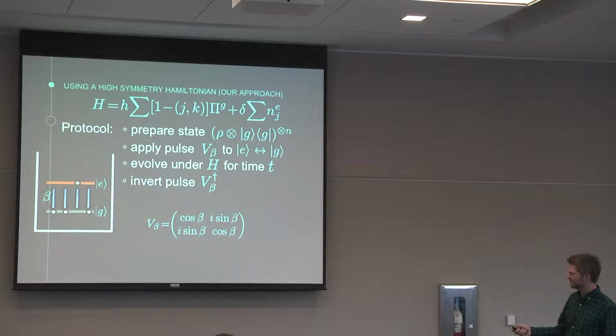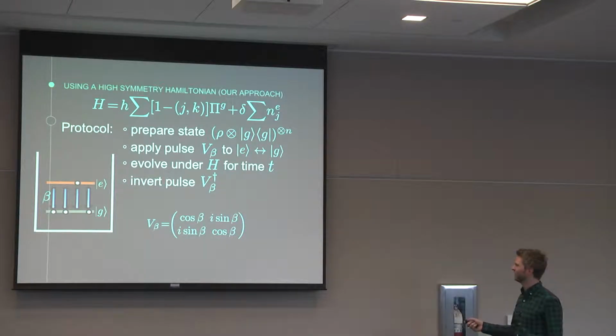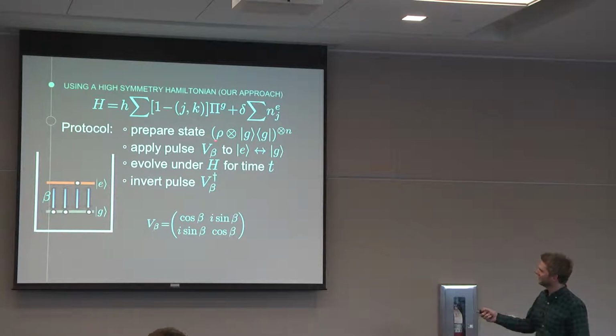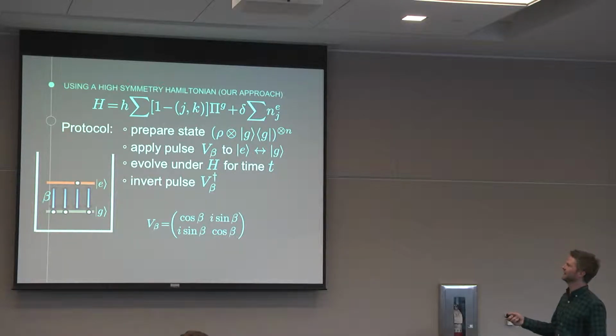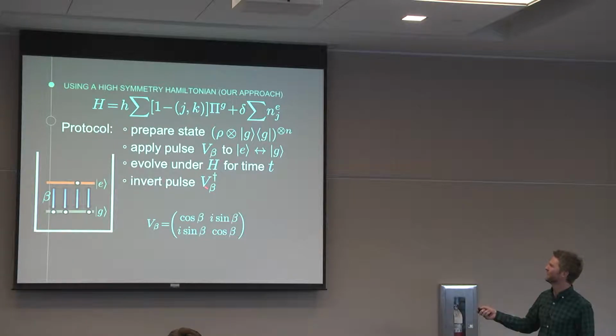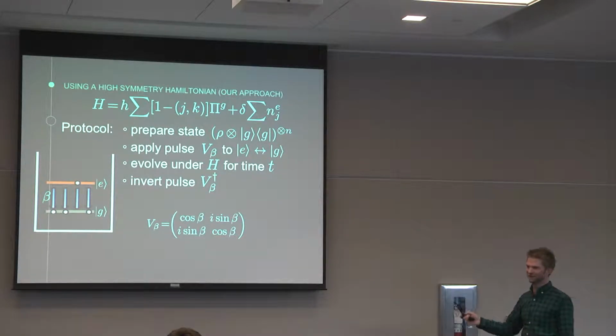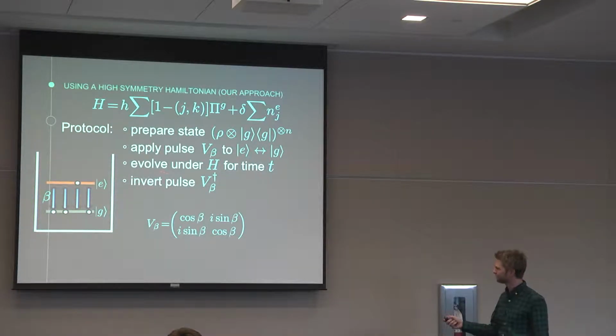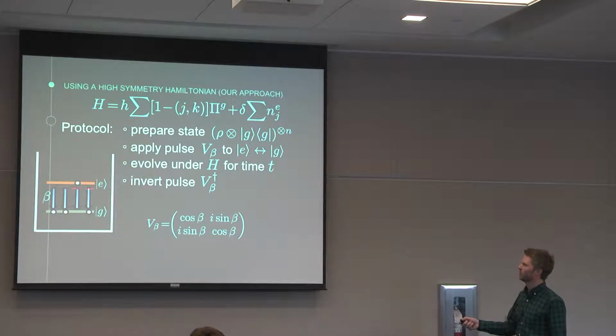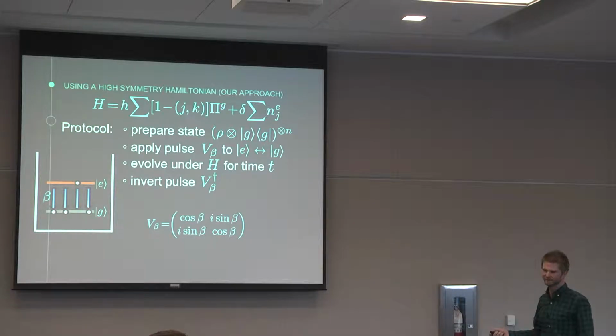And it's worth pointing out that we applied a pulse and then we inverted it, and in between we allowed the Hamiltonian to evolve the system. If we hadn't allowed the Hamiltonian to evolve the system, we would have done nothing. But the Hamiltonian has evolved the system, and because of that, we don't get the original state that we started with back. There's some atoms which are left in the excited state E after this process.